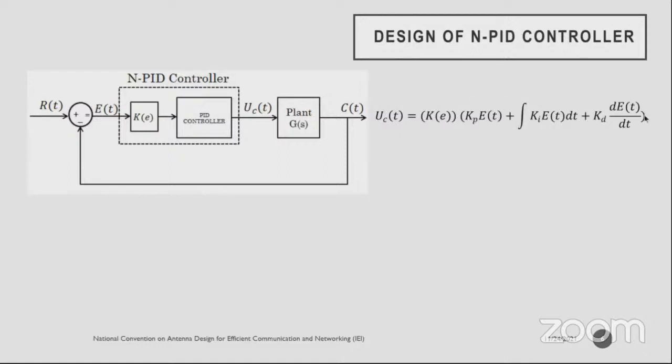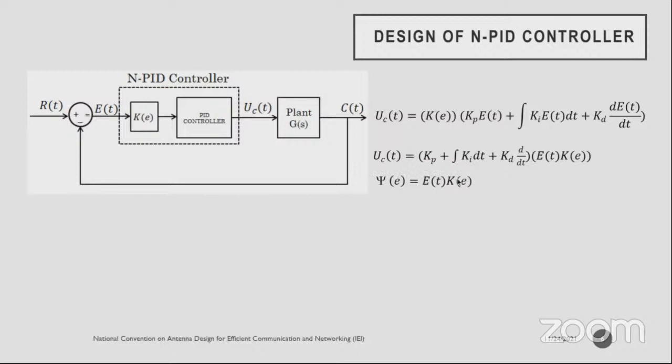This is the conventional PID controller. The proportional action is responsible for increasing the speed of response, integral action is mainly for reducing the steady state error, and derivative action is mainly for damping the oscillations. And here we are going to add the nonlinear gain. That's why it is a nonlinear PID controller. Let's take e(t) and k(e) out of this. We can have the controller like this.